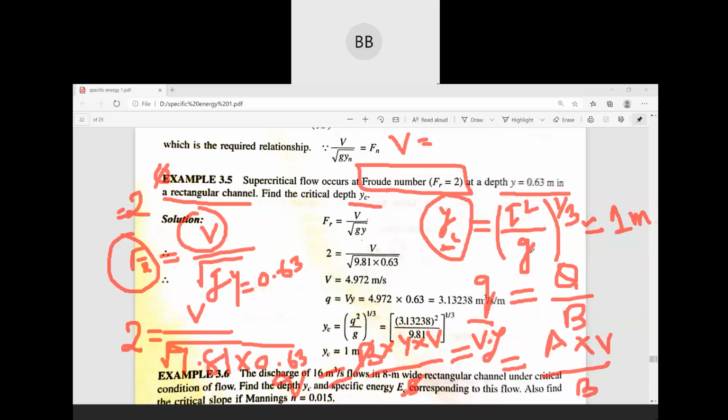Now how much did we get for the yc value? We are getting 1 meter.